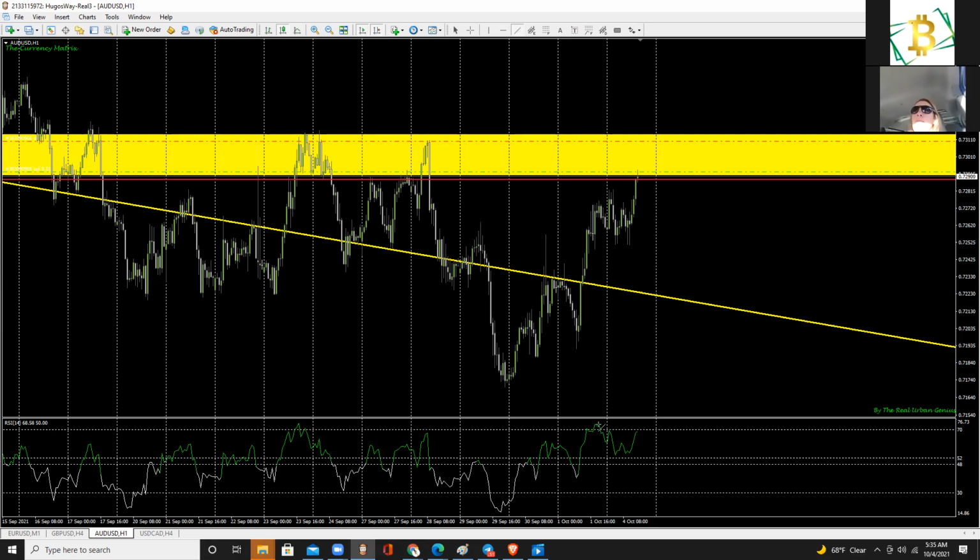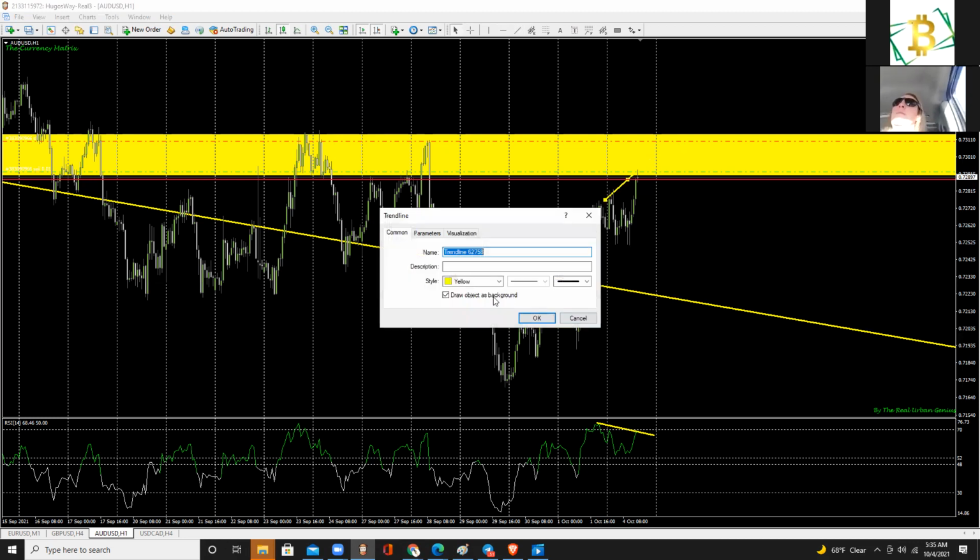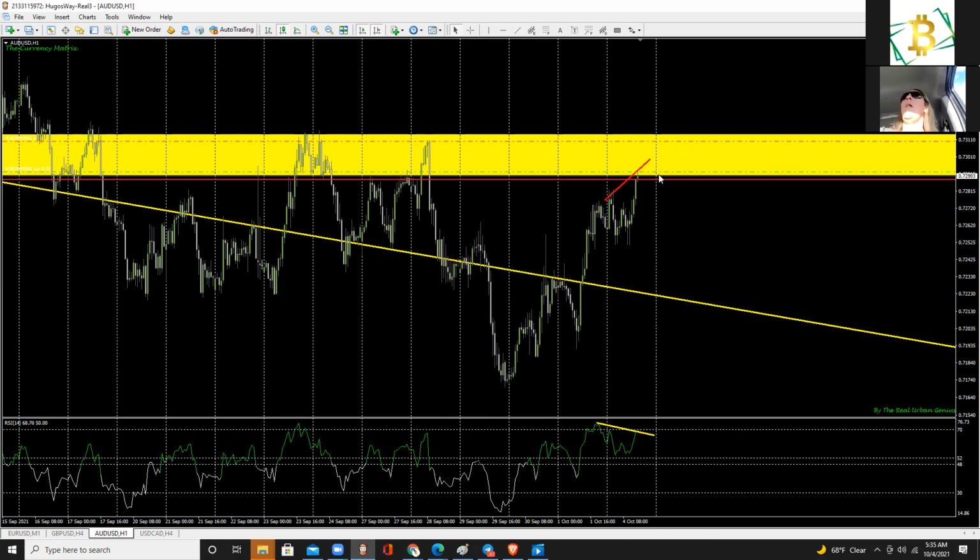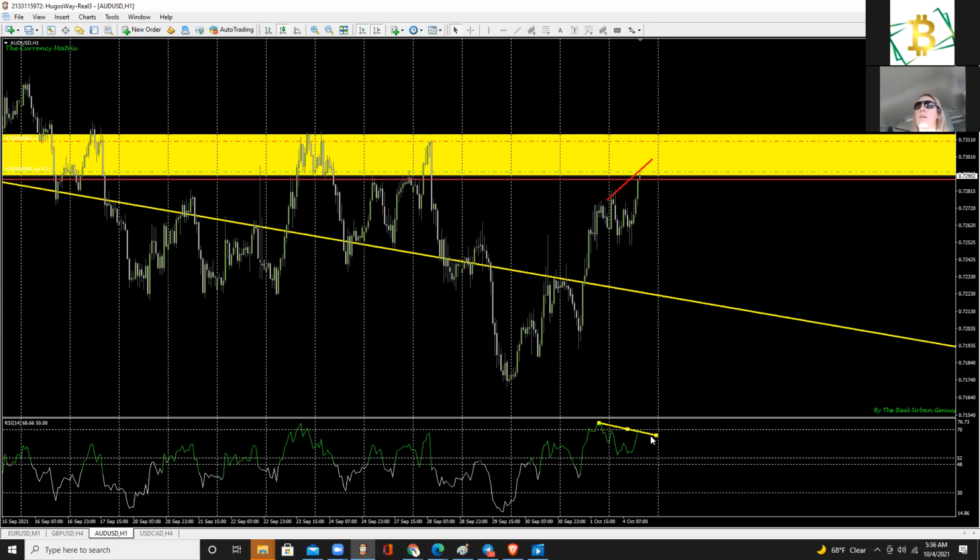And if you look here, we have lower highs being formed on the momentum indicator, whereas over here on price action we've got a higher high. That is an indication of divergence, which is also an indication of a reversal, trend reversal potential.